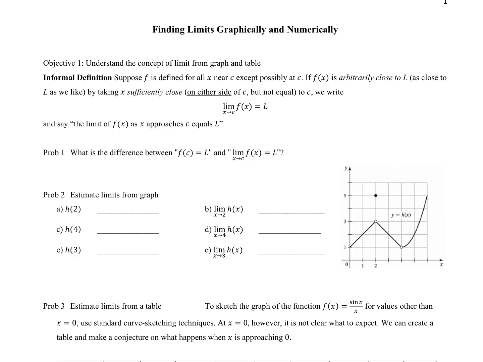Now, what this is saying is we are interested in what happens to f of x when x is getting closer to c. This behavior, we are going to call a limit. If f of x is getting closer to a specific number L, then we are going to call this the limit of f of x when x is approaching c.